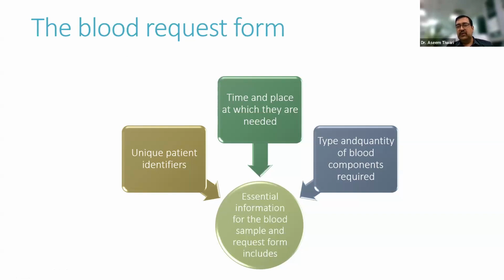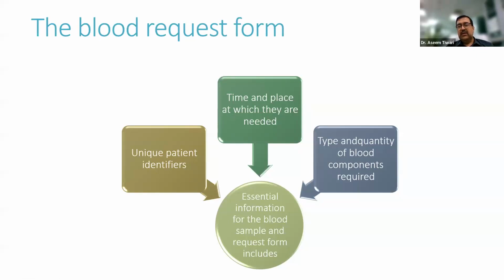So 2 RBCs, for example, are required in OT2, and this is the patient name and this is the unique ID of that patient. The same patient ID information has to also be on the sample which accompanies the request form.